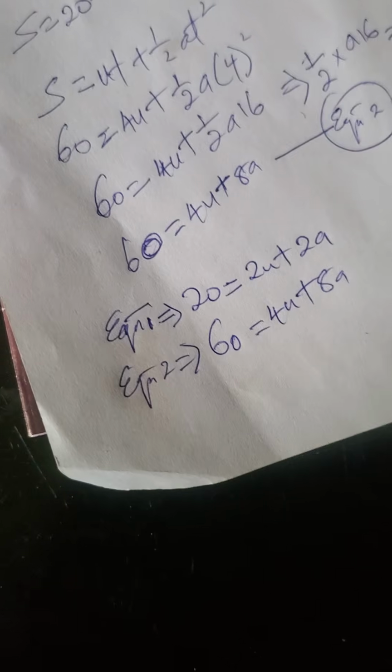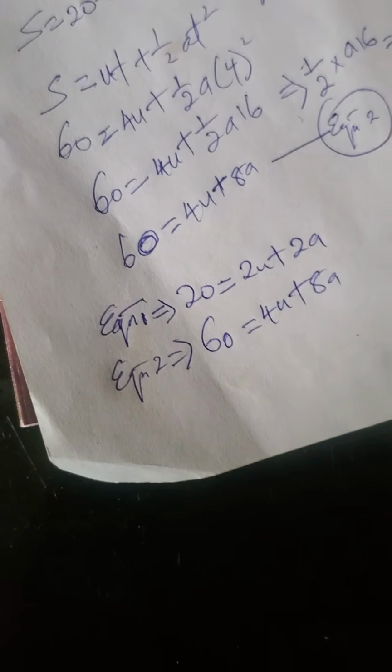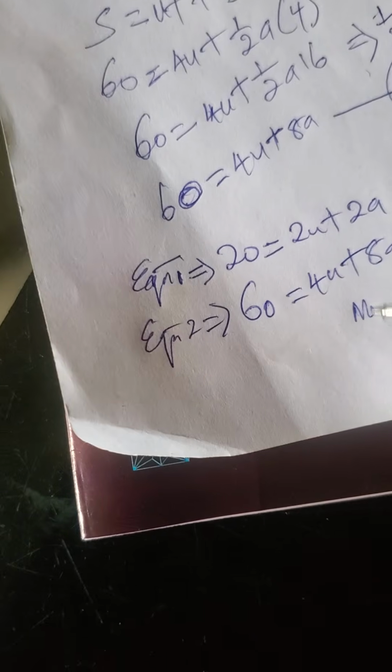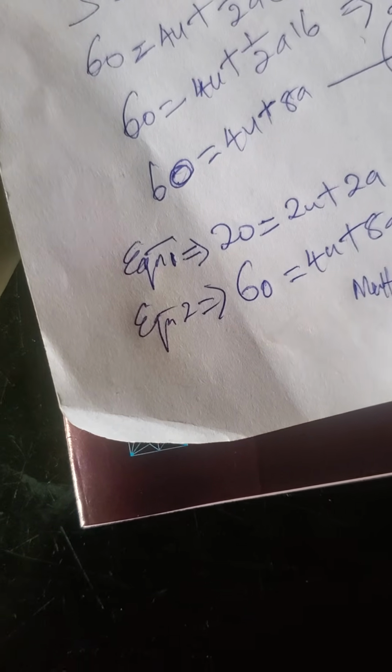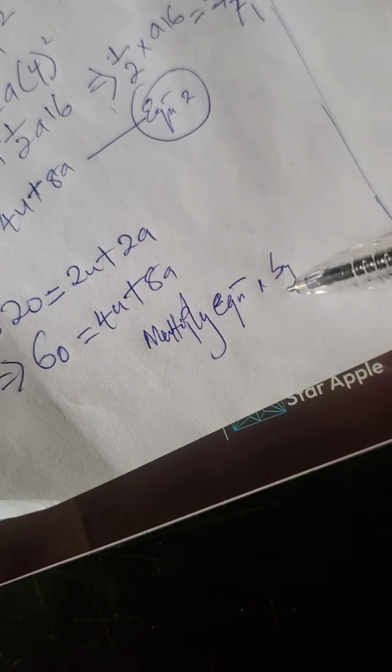So I think we can make equation 1 look like equation 2. So what do we do to equation 1? We multiply through by 2. Multiply equation 1 by 2.